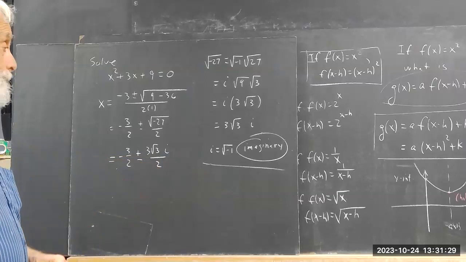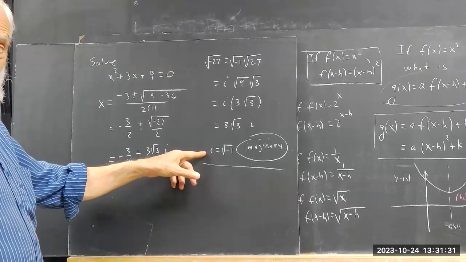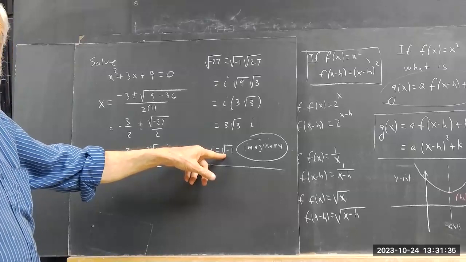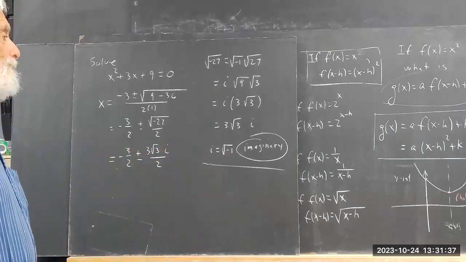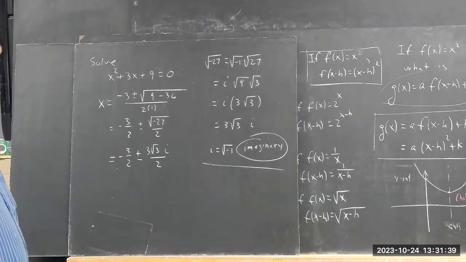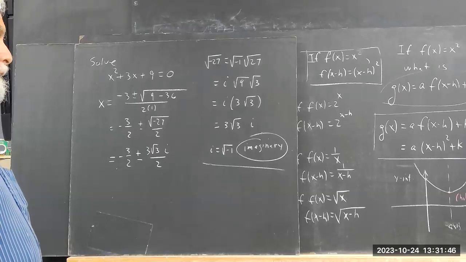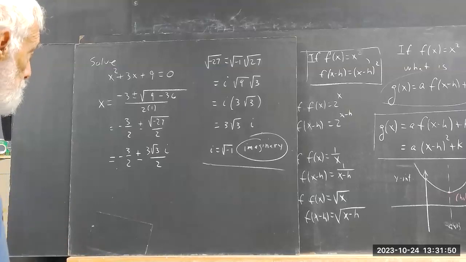Those are near and dear to my heart, but for you, it's i. And when you square it, you get -1. If you haven't seen it, you really need to do some work with complex numbers. But I'm going to do a little bit with it right now.